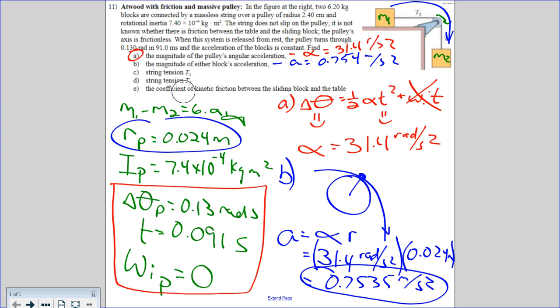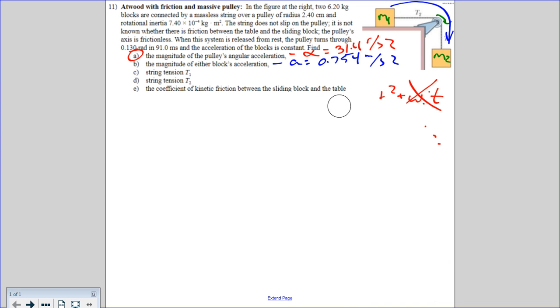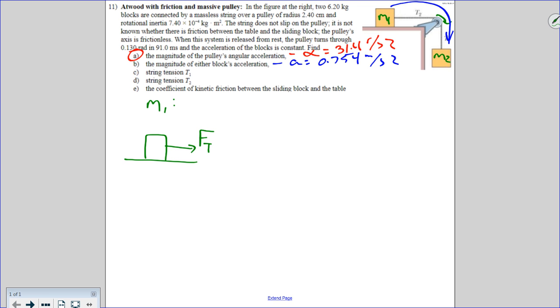What I want to do is make a free body diagram for each component of the system. I'm doing these in no particular order. For M1, we've got the force of tension 1 and the force of friction.